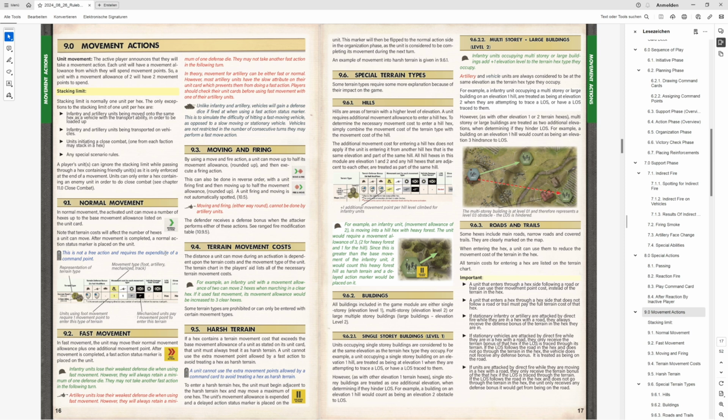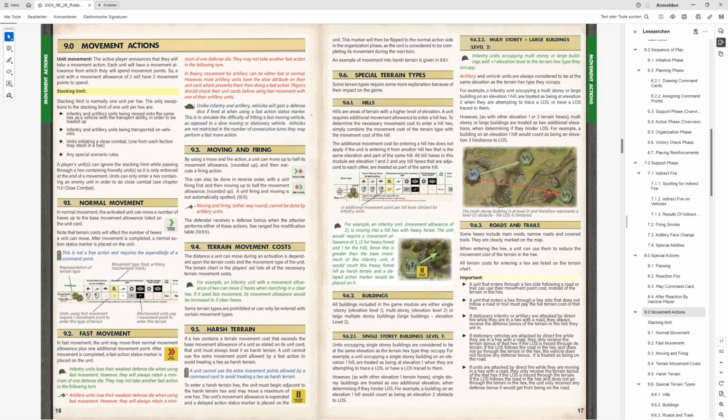Important for this rule are of course infantry units. When they do a fast action, they lose their weakest defense die when fired on. This is important for infantry because the soldiers try to get through the terrain in a quick manner and do not think a lot about defense.